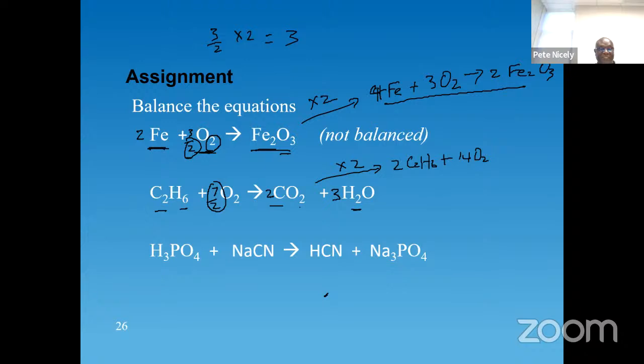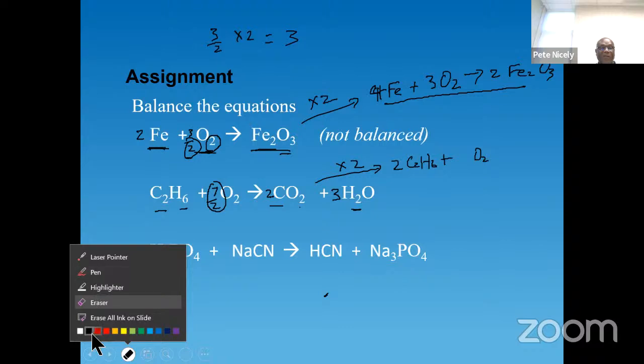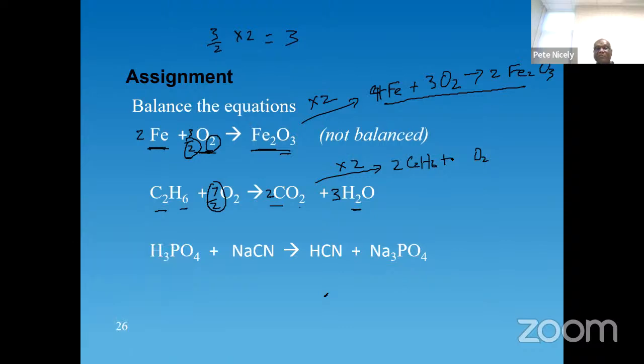Let me correct that, I said 14 but it's 7O2. Okay, so this would be 7O2, and then on the product side, 4CO2 plus 6H2O. And that would be the balanced equation for that question.